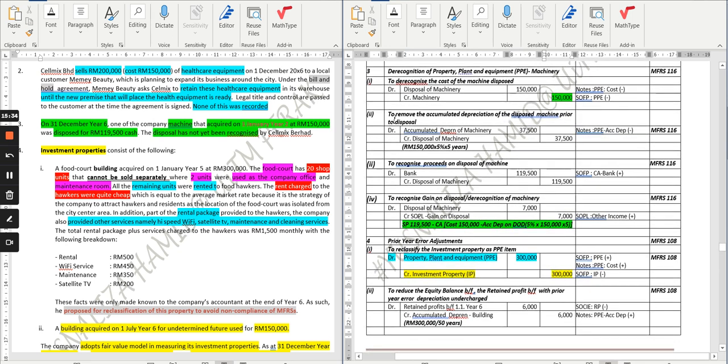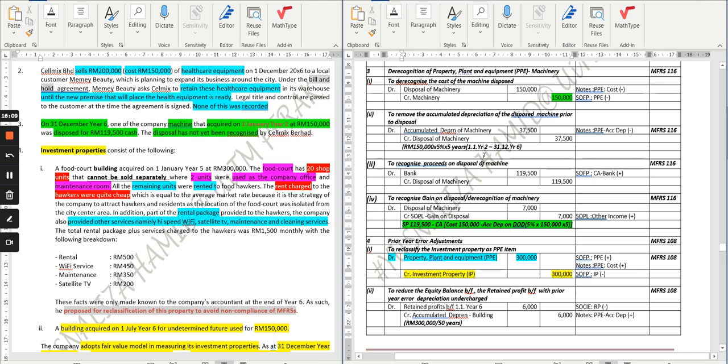Then you also need to remove the accumulated depreciation of the disposed machine prior to the disposal. So if you check from 1st of January year 2 up till 31st of December year 6, that was 5 years, right? So that was 5 years, where I can put the working here. It is actually 1st of January year 2 up till 31st of December year 6.